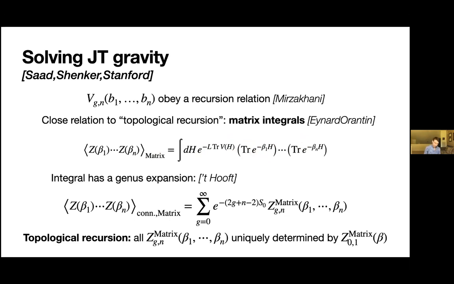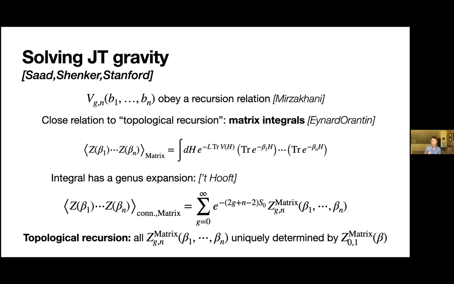And from 't Hooft's double line counting, these things have a genus expansion, where the topology of the surface on which you can draw Feynman diagrams gives you an expansion. So S0 here is essentially the L, which is the rank of the matrix. So H is an L by L matrix. We don't really need to know what the topological recursion is, but it's a particular structure that determines all of these higher genus amplitudes uniquely in terms of a couple of starting points.